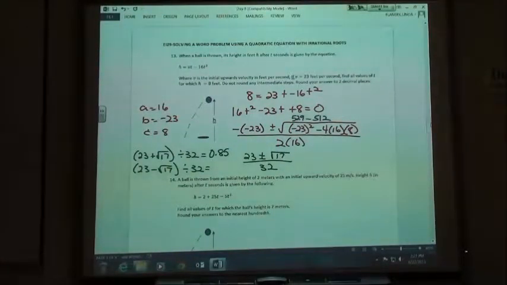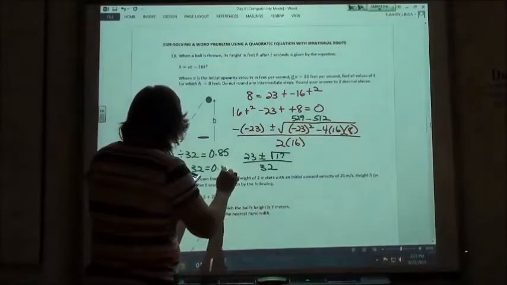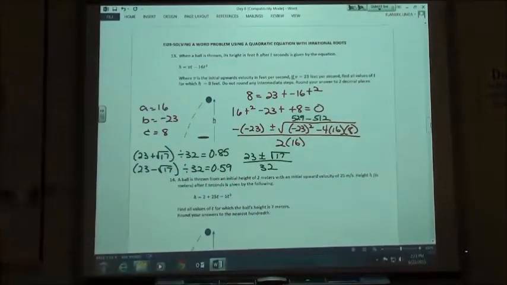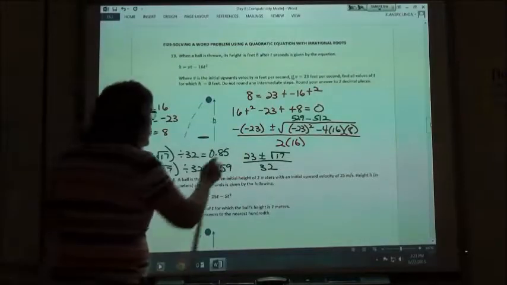And then 23 minus the square root of 17 divided by 32, rounding to 2 decimal places, 0.589 goes to 0.59. And so those are going to be my two answers.